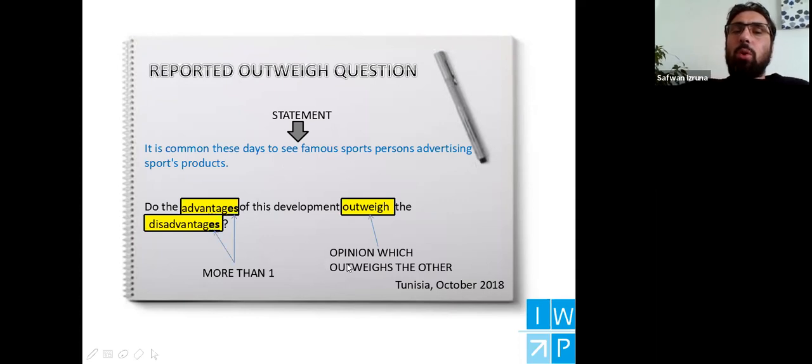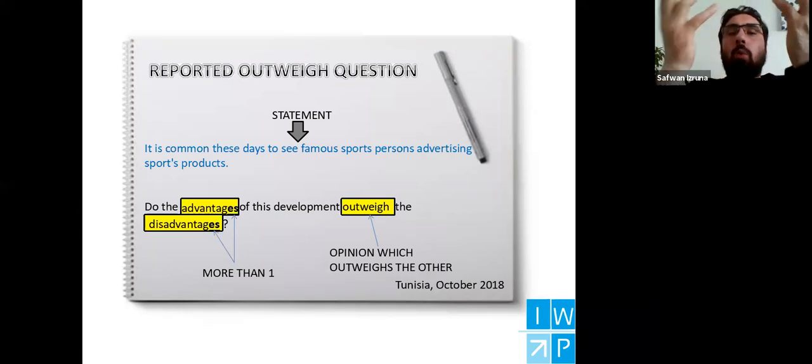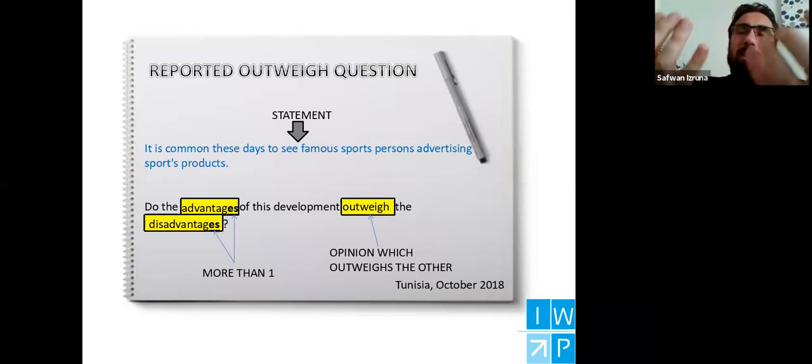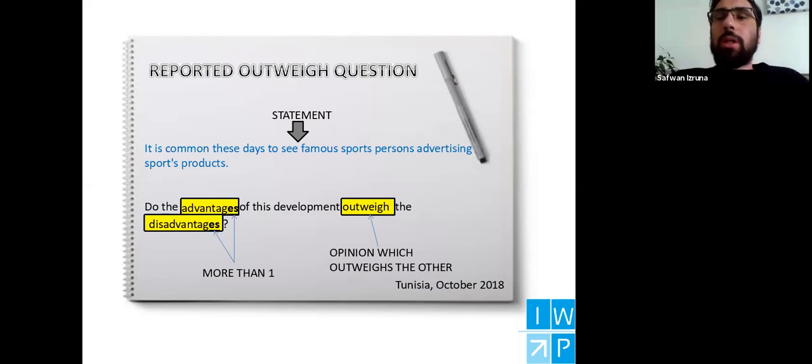But also we need to present our opinion, which is more significant. So when we say significant, we're not really talking about the number of advantages or the number of disadvantages. We're talking about how important, how significant these advantages or disadvantages are.